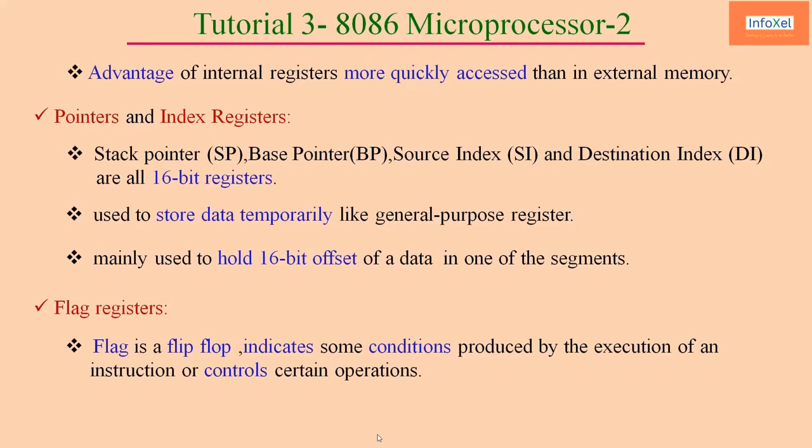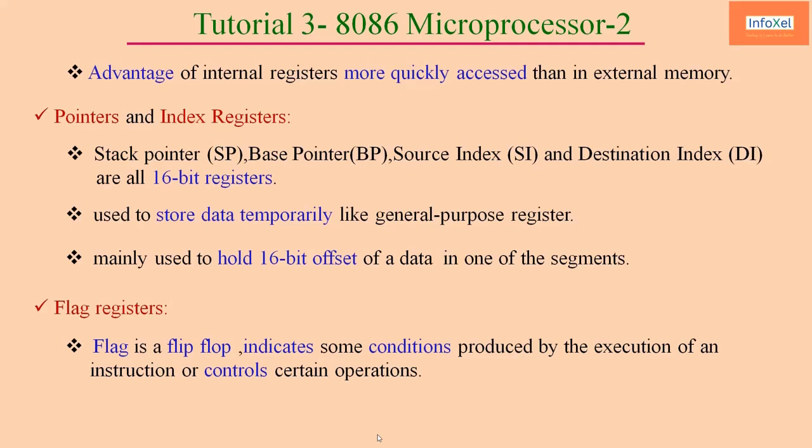Now we will see what a flag is. A flag is a flip-flop. We studied flip-flops in digital circuits. A flip-flop is a 1-bit storage device. So it indicates some conditions produced by the execution of an instruction, or it controls certain operations.